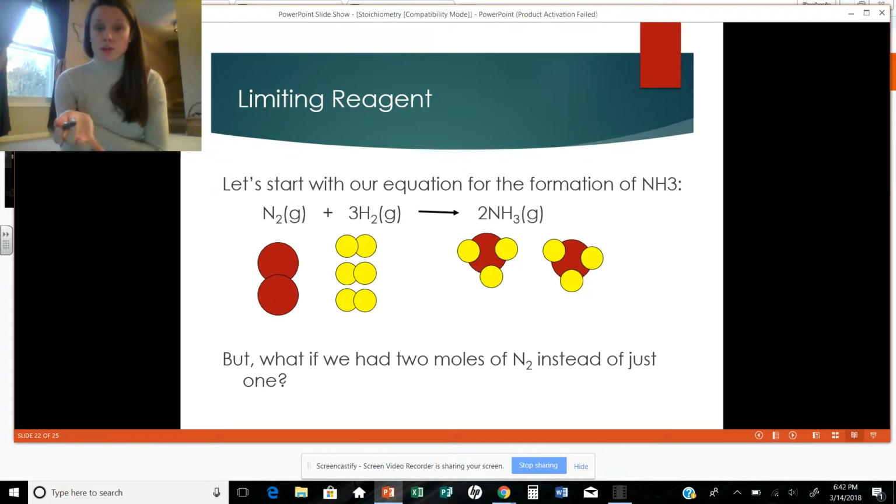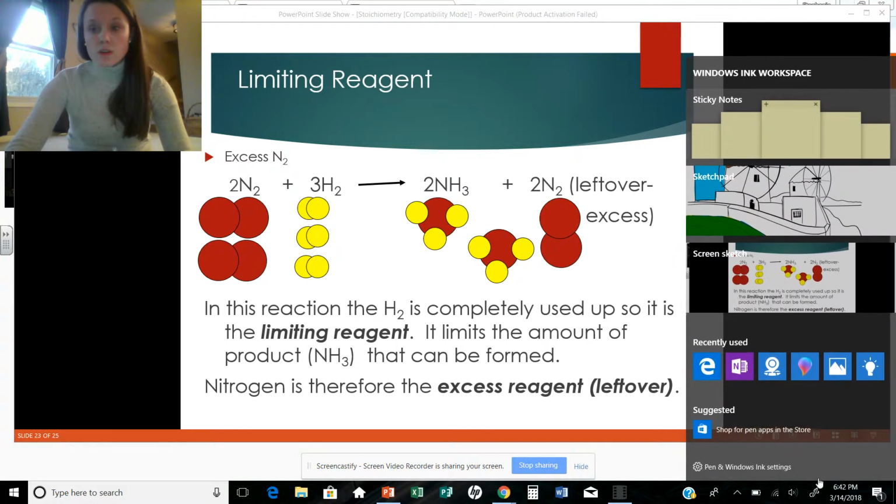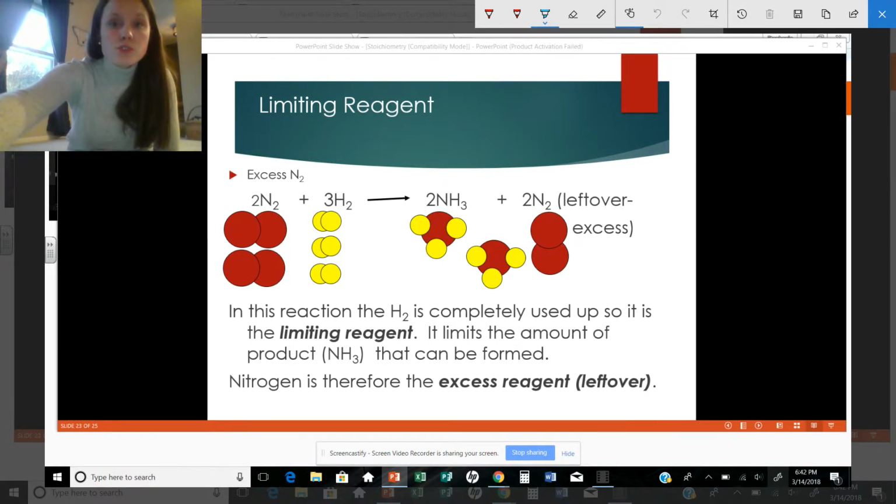However, the question at the bottom here asks you, what if we had 2 moles of nitrogen instead of 1? In this new picture, we showed 2 moles of nitrogen reacting with 3 moles of hydrogen to get certain products. And the products that we get, we still only get 2 moles of ammonia, but we have leftover nitrogen.